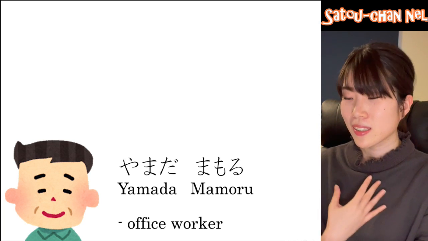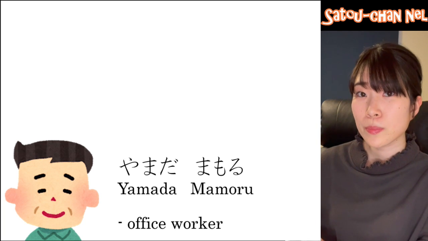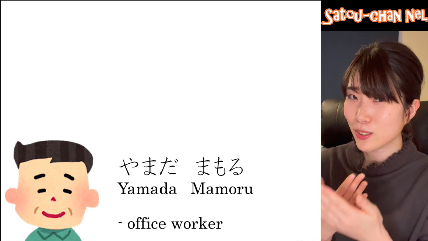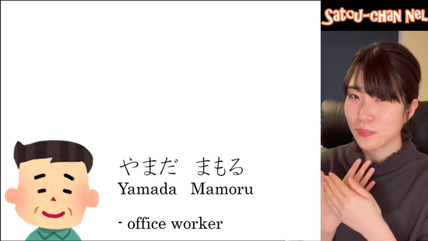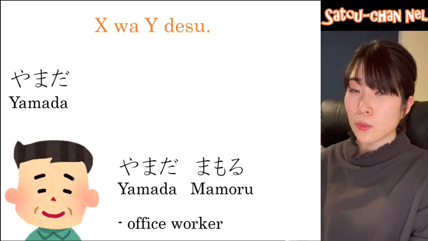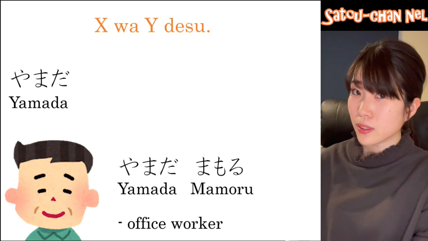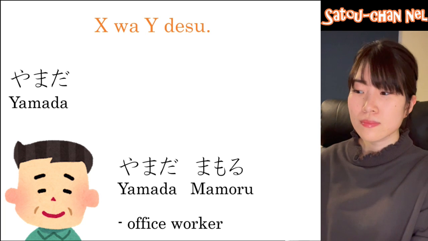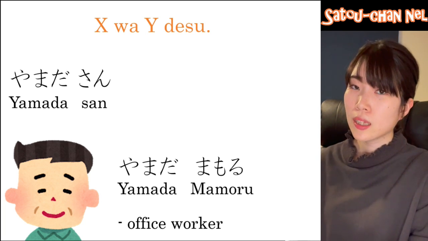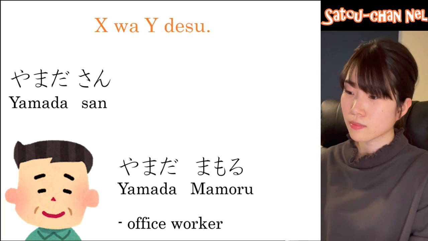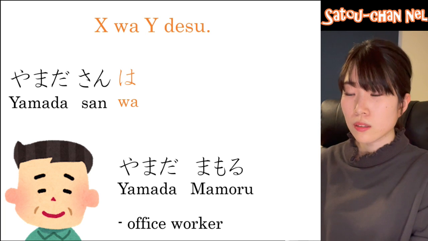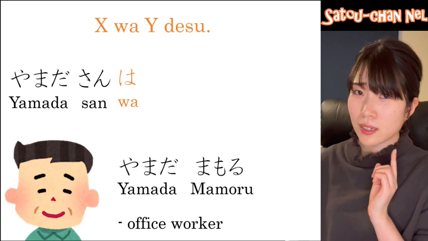So in that case, let's use his last name, Yamada, because you don't have that close relationship with him. And what do you have to put after his name? San, to show some respect and politeness. Yamada-san. And particle wa.